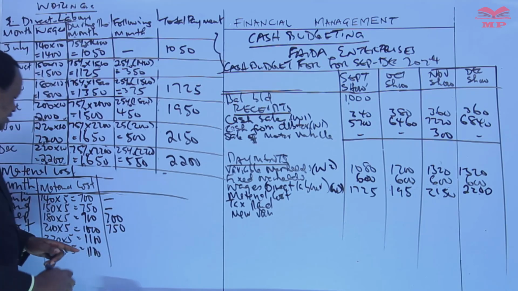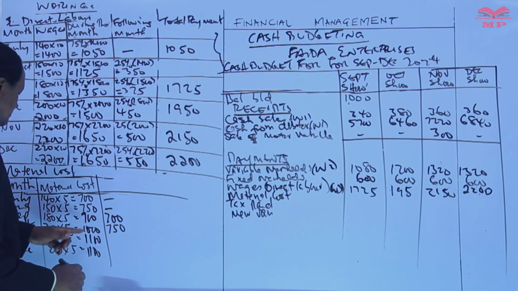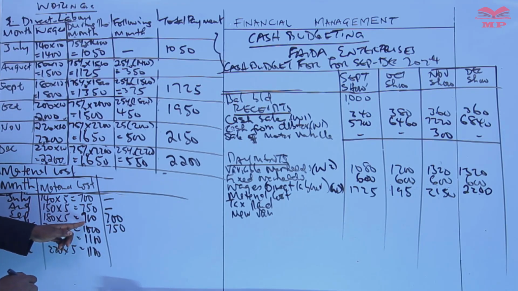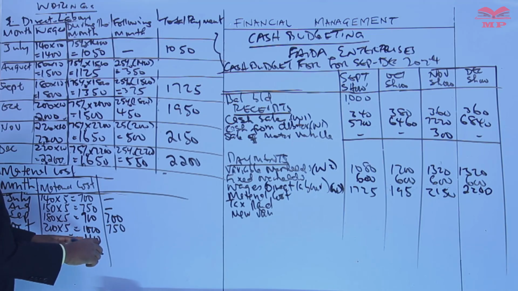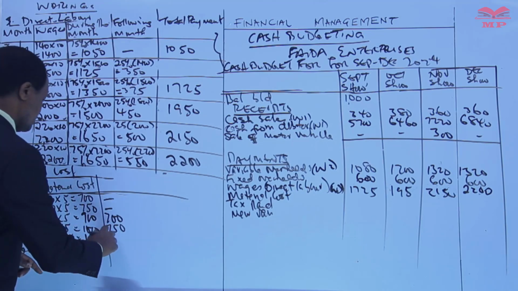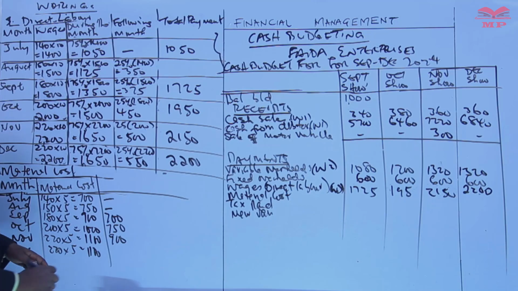2 months in arrears. Then the September material cost is not paid at the end of September. Paid at the beginning of November. This 900. You see that? Then this 1000 October material cost is not paid in October.